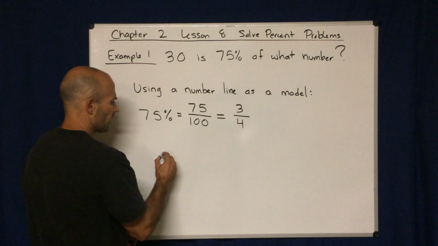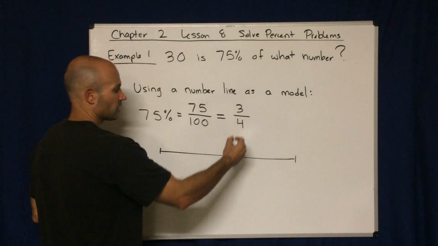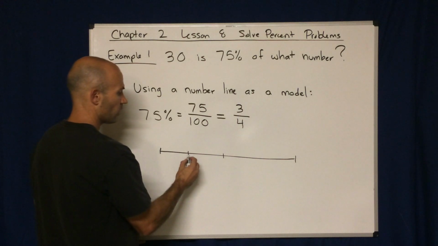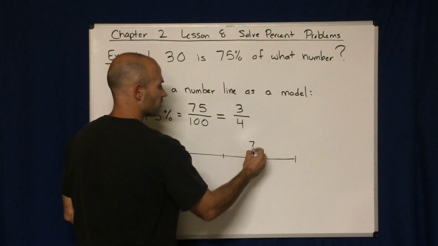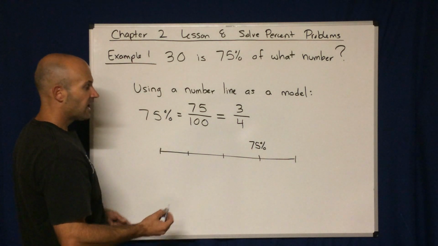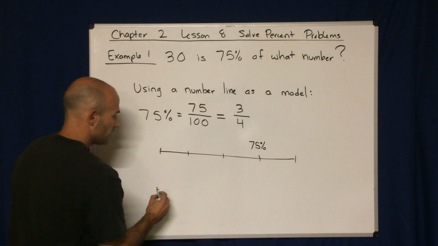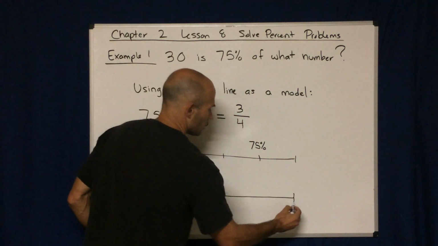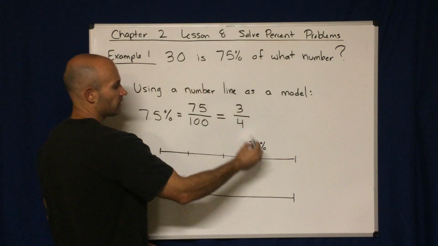So we draw this number line, and we divide it into quarters. Here's a half, 1/4, 3/4. Our 75% corresponds to 3/4 of the number line. Now, right below, we take another number line where I correspond my 30 to 75%.